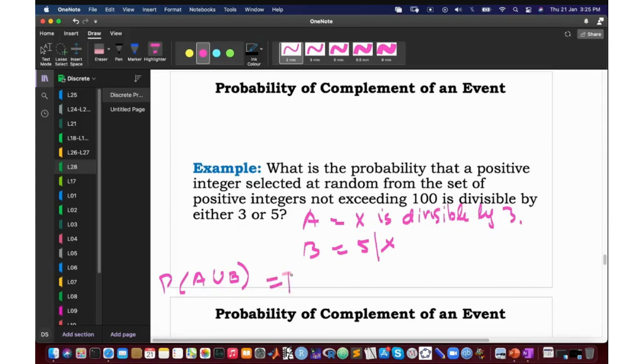We know that this is equal to P(A) plus P(B), and then we have to subtract A intersection B.